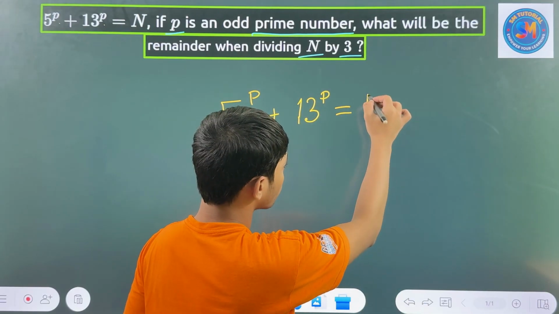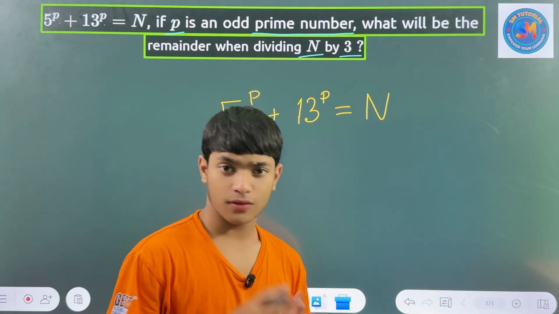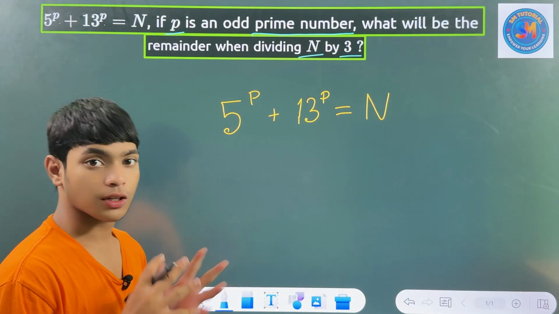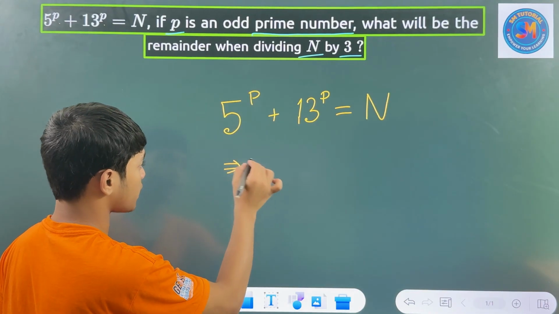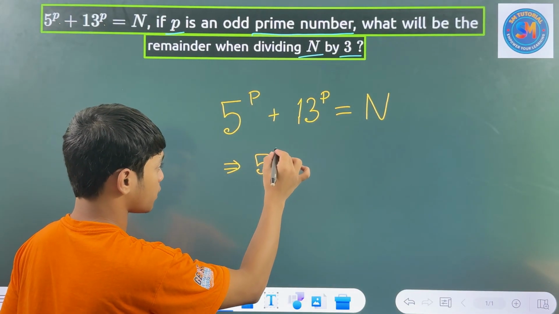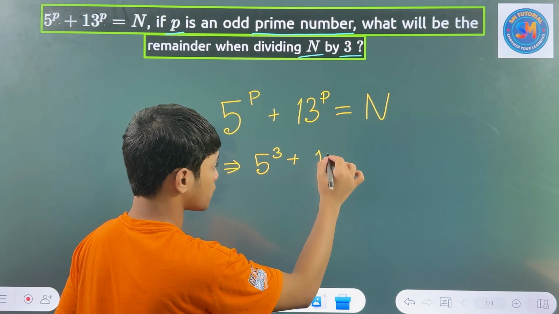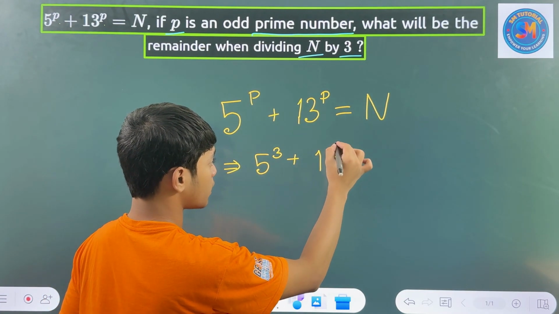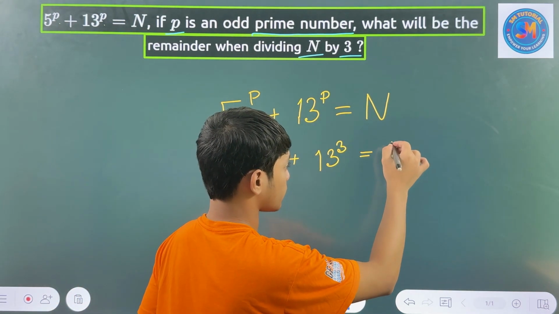So here we can take the smallest odd prime number, 3, so we can take it as 3. And then we can write 5 to the power 3 plus 13 to the power 3 equals n.